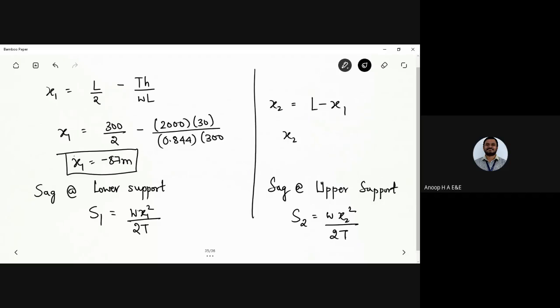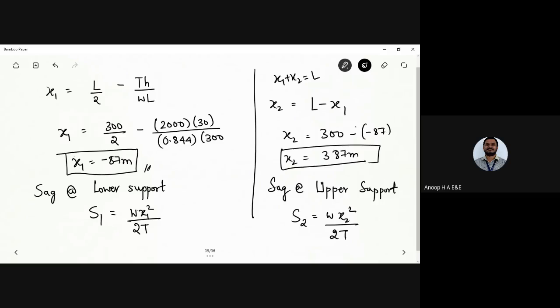What is x2? 300 minus minus 87. Remember this, I'll tell you its significance later. That would be 387 meters for x2. If you add both of them, you get x1 plus x2 equals L.